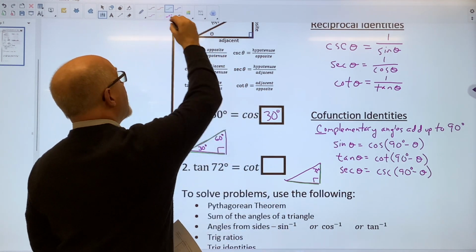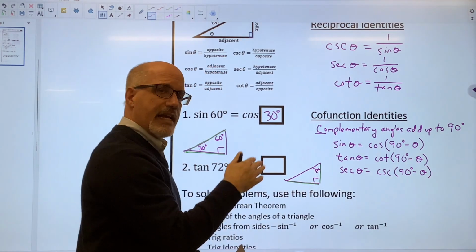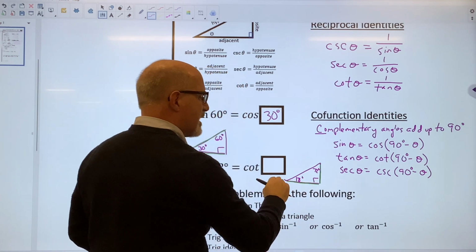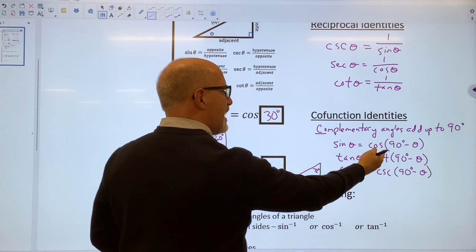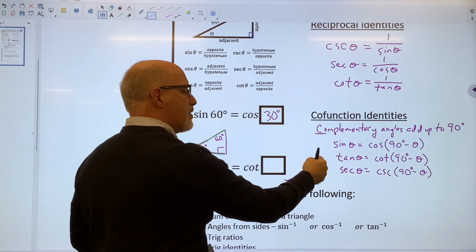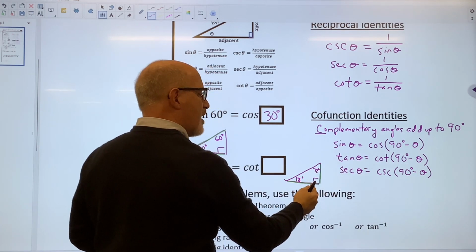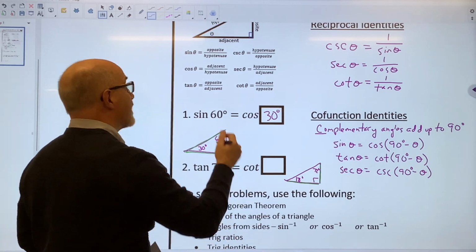Well, if we find the complementary angle to 72, 90 minus 72 is 18 degrees. Notice that the adjacent side over the opposite is the cotangent. So the tangent of 72, opposite over adjacent, is the same thing as the cotangent of its complementary angle, because that has the adjacent over the opposite.